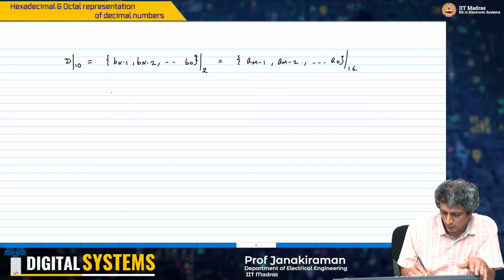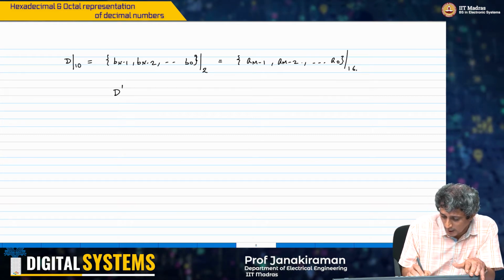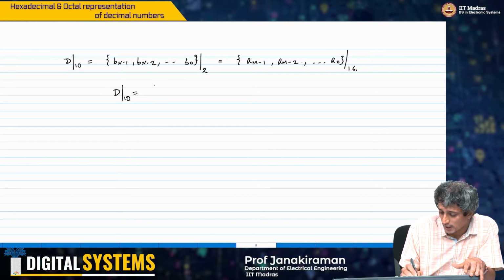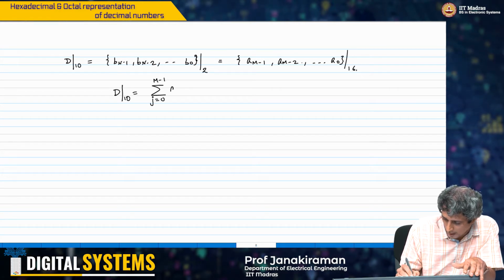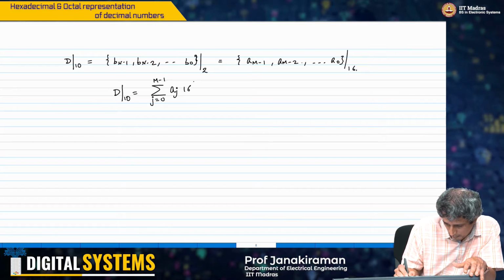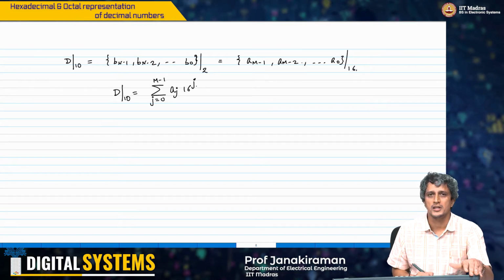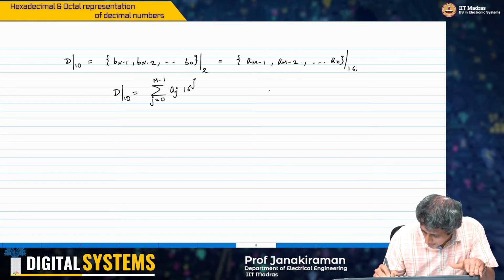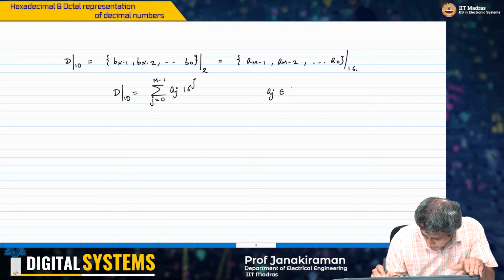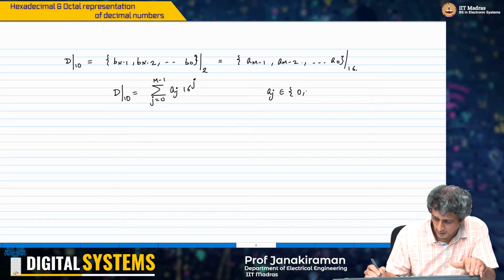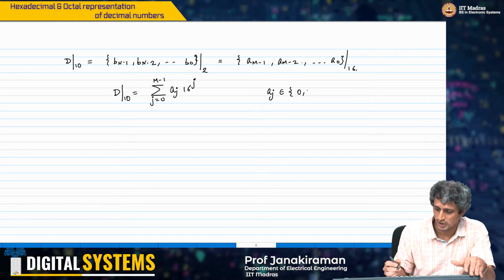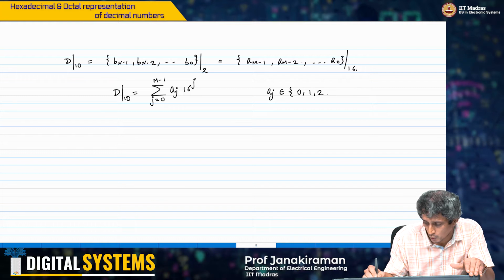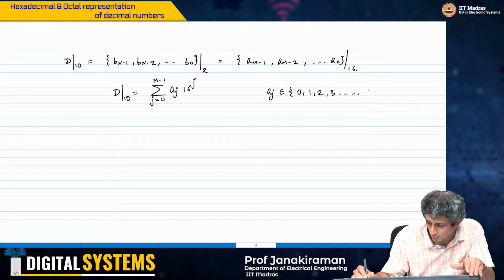So what does this mean? It means that d in base 10 is equal to the summation j equals 0 to m minus 1 of aj into 16 power j. We are choosing the base r to be 16 specifically. That means aj, the digit in the hexadecimal representation, could be one of 0, 1, 2, 3 all the way to 15.